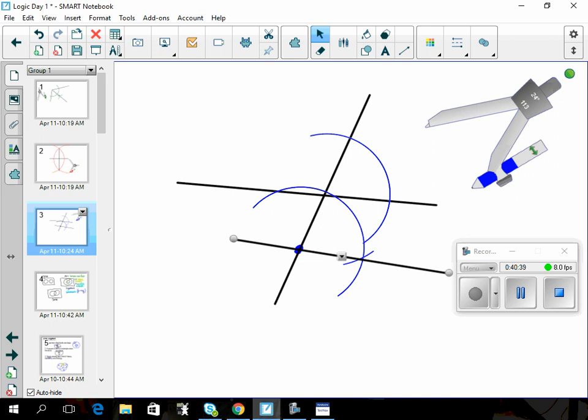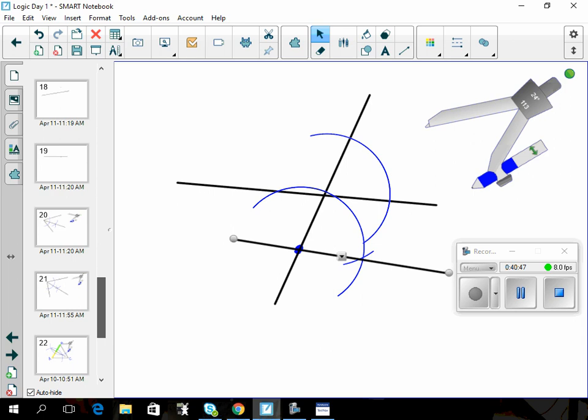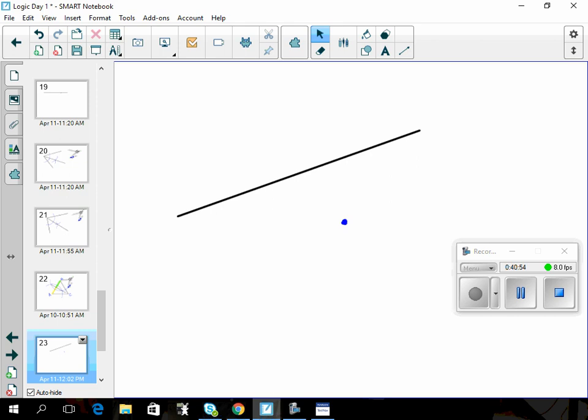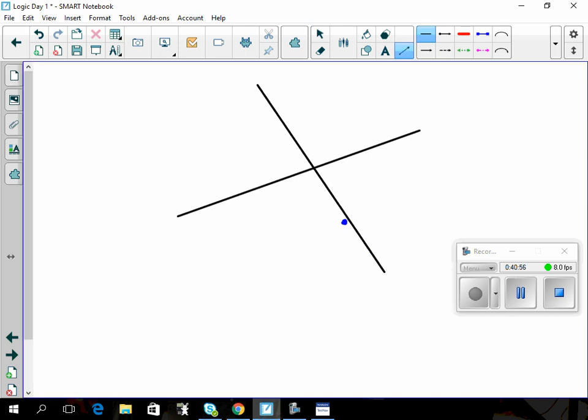Draw, use a geometry word. What's that word called? It begins with a T. Transversal. So let's draw the transversal first. So drawing the transversal, doesn't really matter how you do it, just connect them. Draw your transversal.